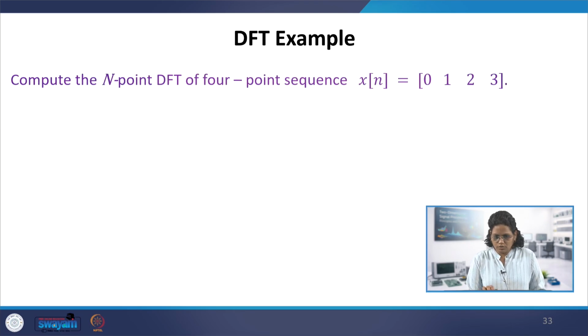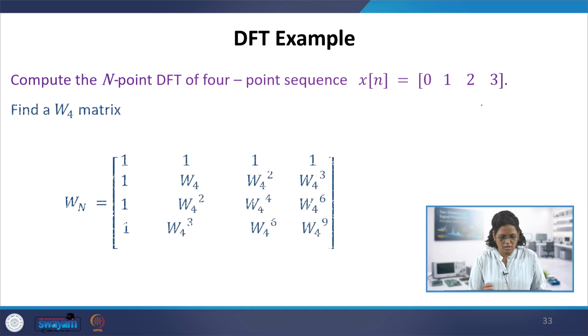Now going through a simple example using this transformation, take 4 samples here. We'll find out the 4-point DFT. In that case, first we have to make the twiddle factor matrix for N equal to 4. So 1 1 1 1, then 1 2 3 and 1 2 3 here, 4 6 and 9. We can refer to how we construct up to N minus 1 into N minus 1, that is 3 into 3 here, which is going to be 9.